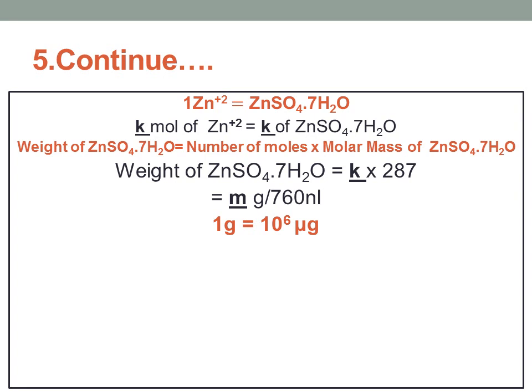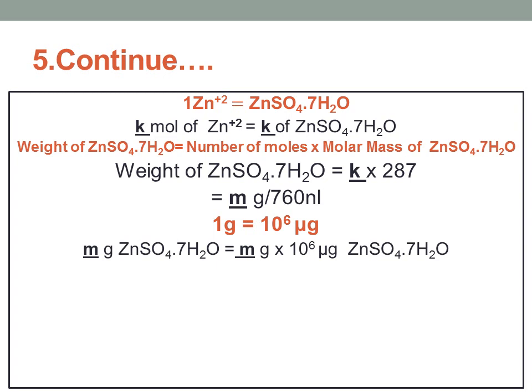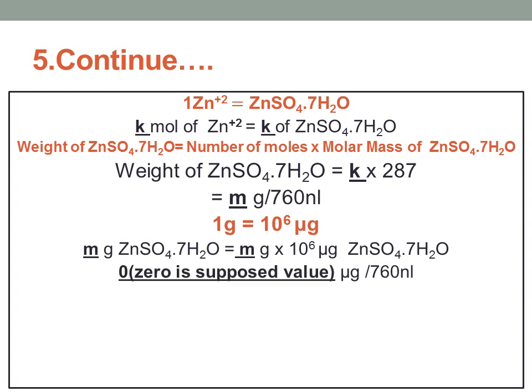We will apply a relation of gram to microgram. 1 gram is equal to exponent 6 microgram. So हमारे पास क्योंकि m ग्राम प्रोड्यूस हुए हैं तो m gram zinc sulfate will be equal to m multiplied by exponent 6 microgram. So in this way we are getting 0 microgram per 760 nanoliter.